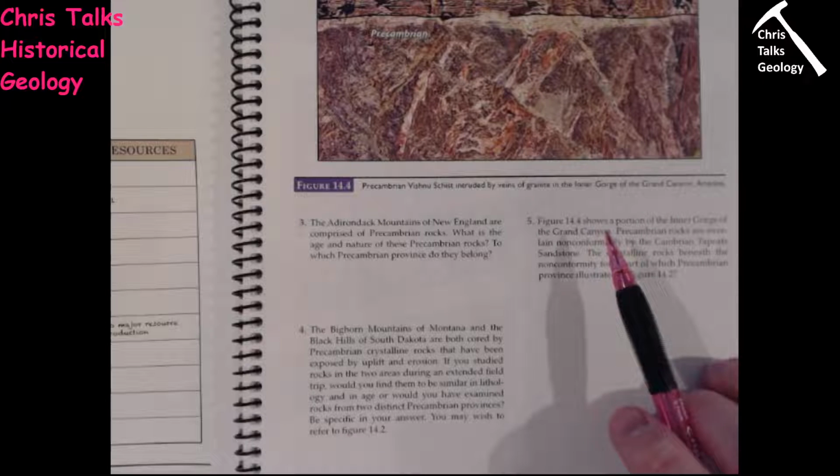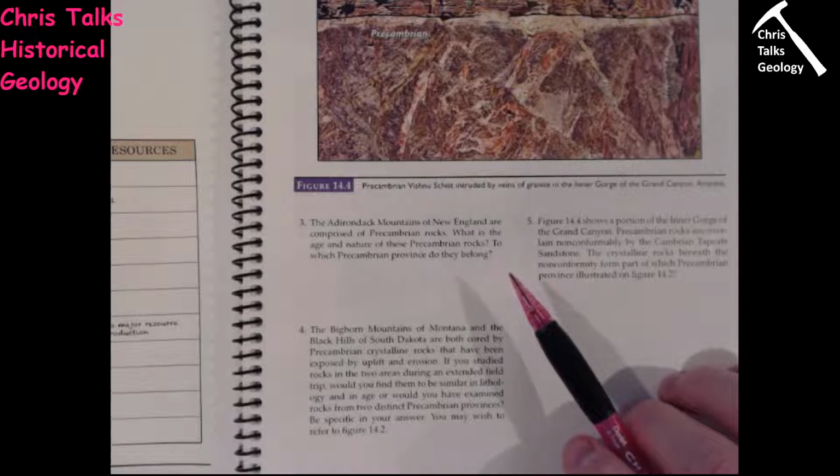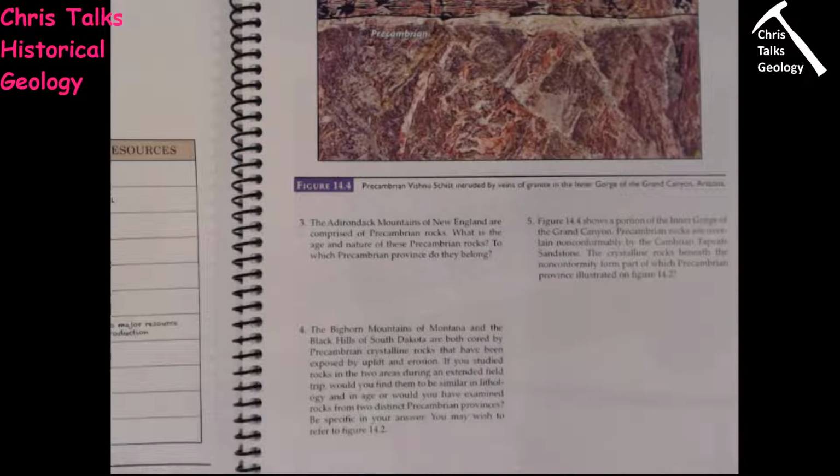If the Bighorn Mountains and the Black Hills of South Dakota are located in the same province, well, chances are they've had the same geologic history, they're made of the same rocks, etc. If they fall in different provinces, well, then obviously they're going to have a different geologic history, different rocks, different ages. So that would go onto your page here.